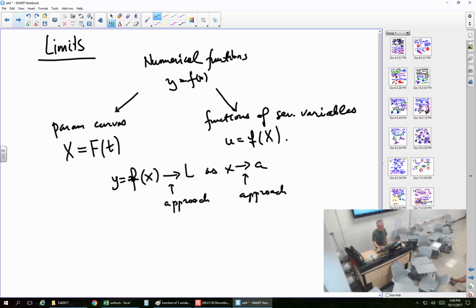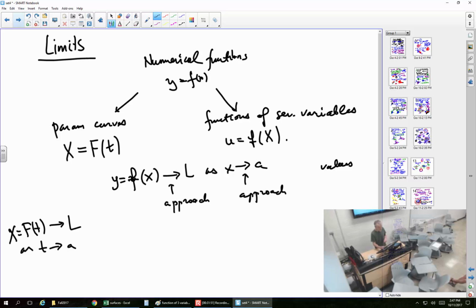Okay, so if you keep talking about values and inputs, outputs, and you never say a number, then whatever we have to say will be applicable to these two situations. So with parametric curves, the input was a number, so it was f of t goes to L. Let me put it capital here because it was a vector, X, as t approaches A. Okay, and now we flip everything for functions of several variables.